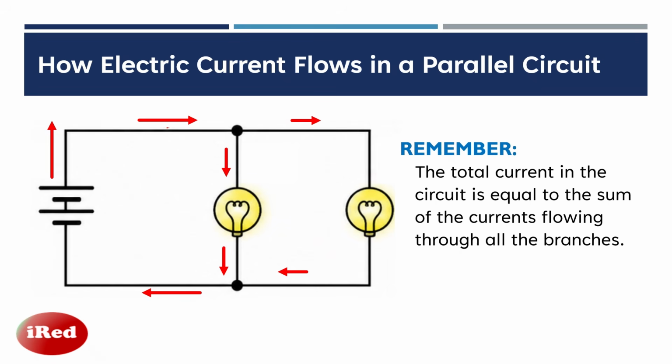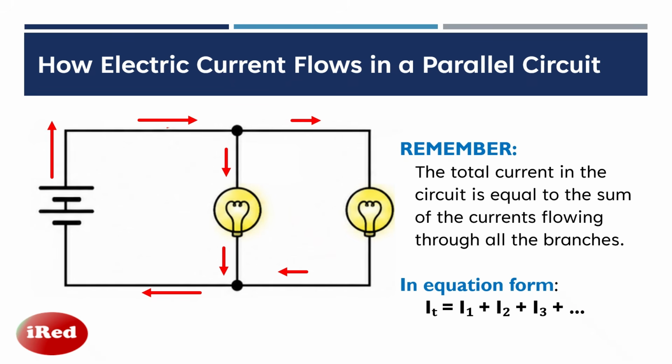So in equation form, the total current is equal to the current flowing through resistor 1 plus the current flowing through resistor 2 plus the current flowing through resistor 3, and so on.